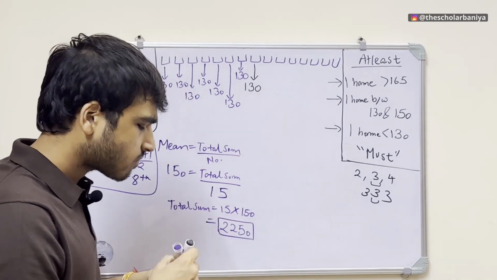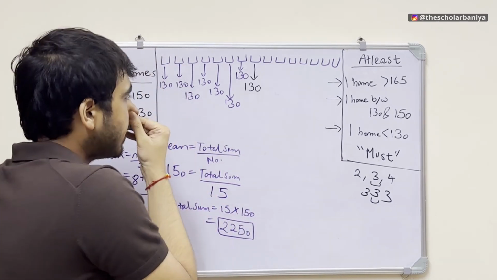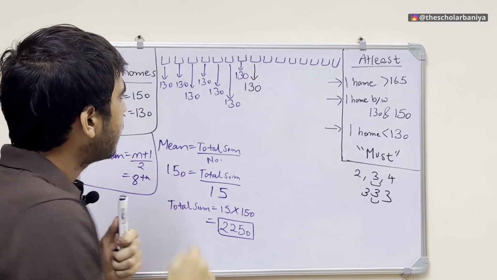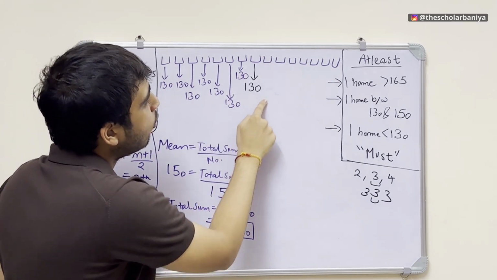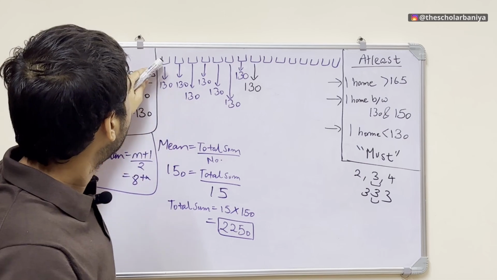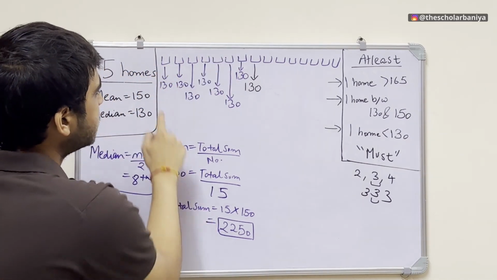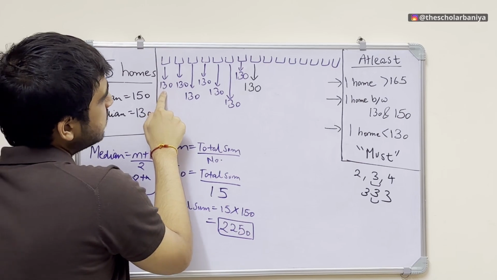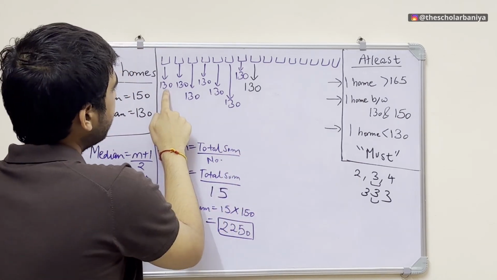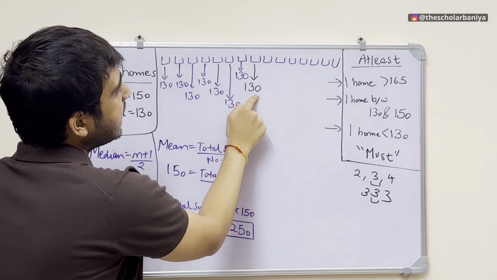Okay, should be fine. Now, what I want you to do is calculate the sum of all these houses. So 1, 2, 3, 4, 5, 6, 7, 8. So the sum of houses from this to this. This is 1, 2, 3, 4, 5, 6, 7, 8. Right?